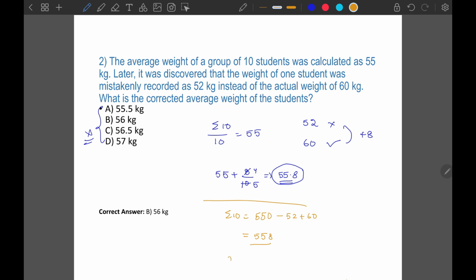Since we need to find the mean, 558 by 10 equals 55.8. So the options are not given correctly. In the next video I will make sure the options match the correct answer.